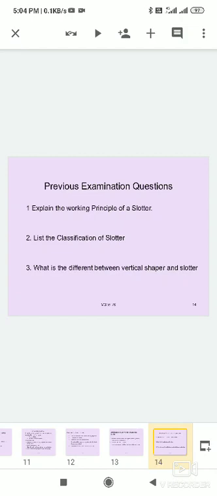Working principle of the slotter. Classifications and specifications are very important.